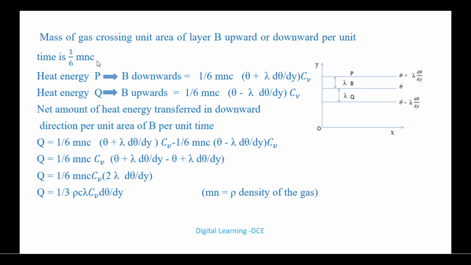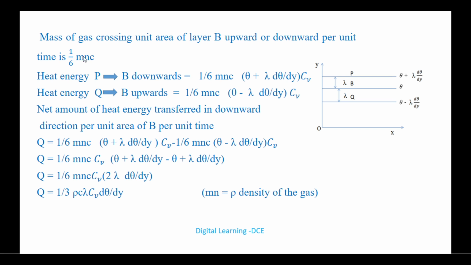That is, the total number of gas molecules per unit volume is N. Then on average the number of molecules moving in any one particular direction is equal to 1 by 6th of the total number of molecules.